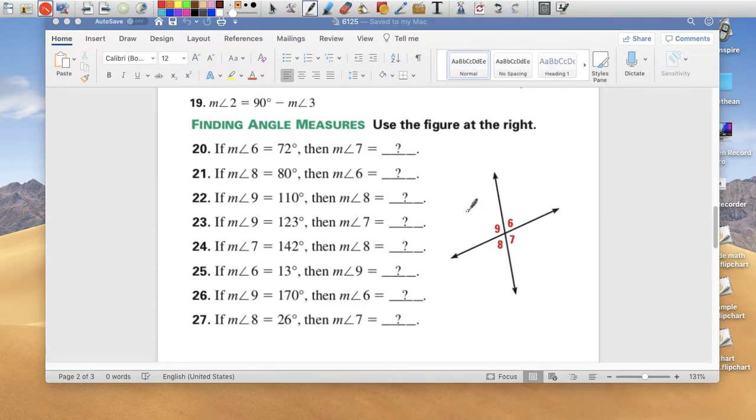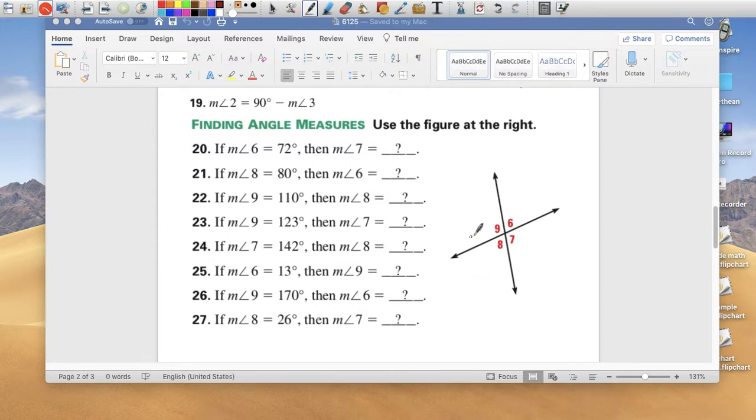Angle 9 is 123. How much is angle 7? Well, vertical angles, opposite sides, are the same measurement. Angle 7 is 142. How much is this angle here, 8? Again, this is 180, so this would be 38. One is 142, the other one is 38 degrees.